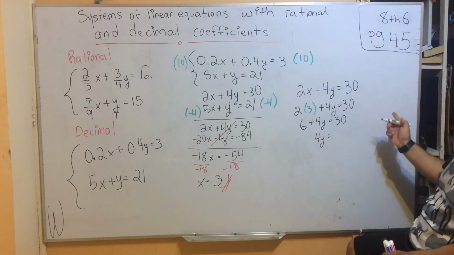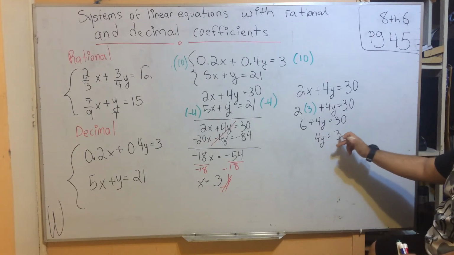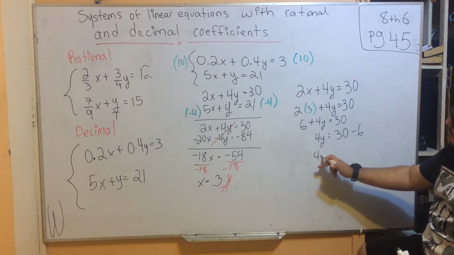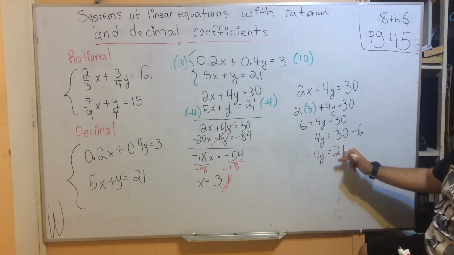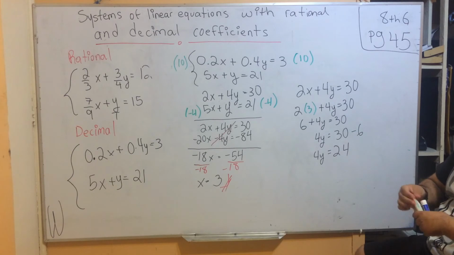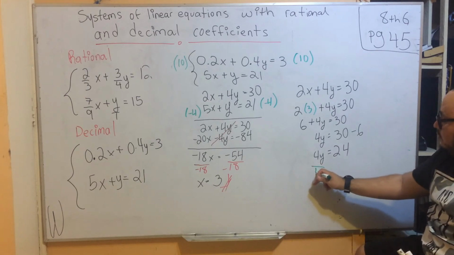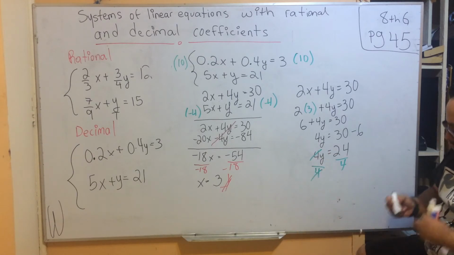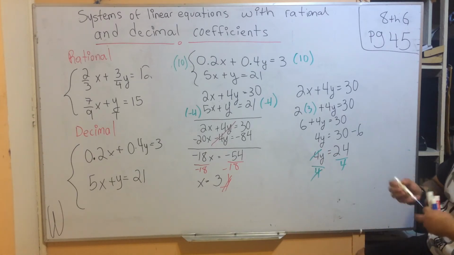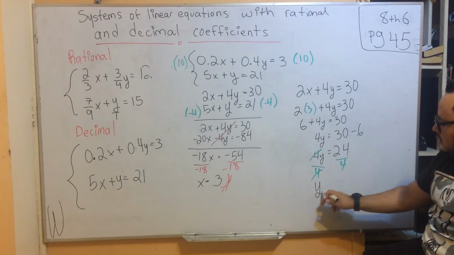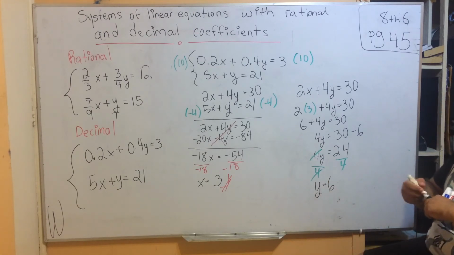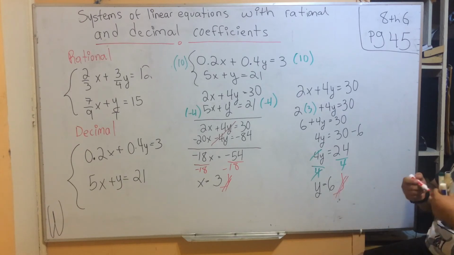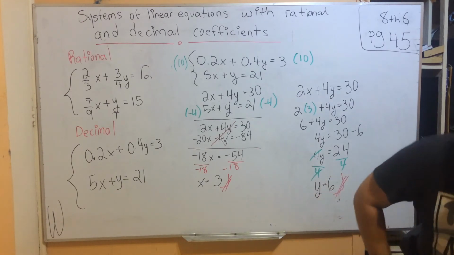This number is going to go to the other side, negative, so we have minus 6. 4y equals 24. Then we divide by the same number on both sides. This one gets canceled, and then we have that y is equal to 6. And now we have our answers: x equals 3, y equals 6.